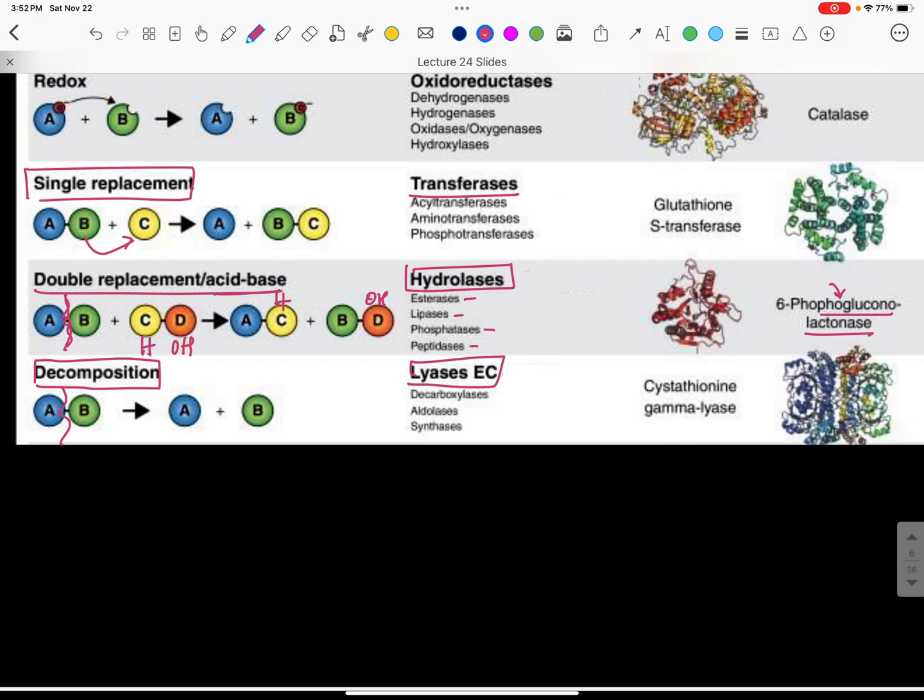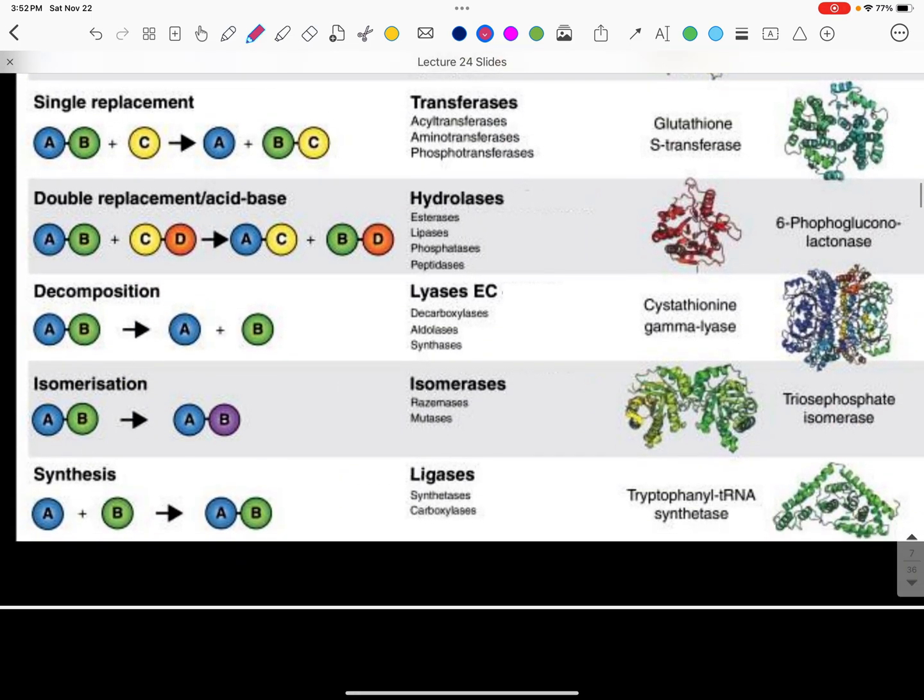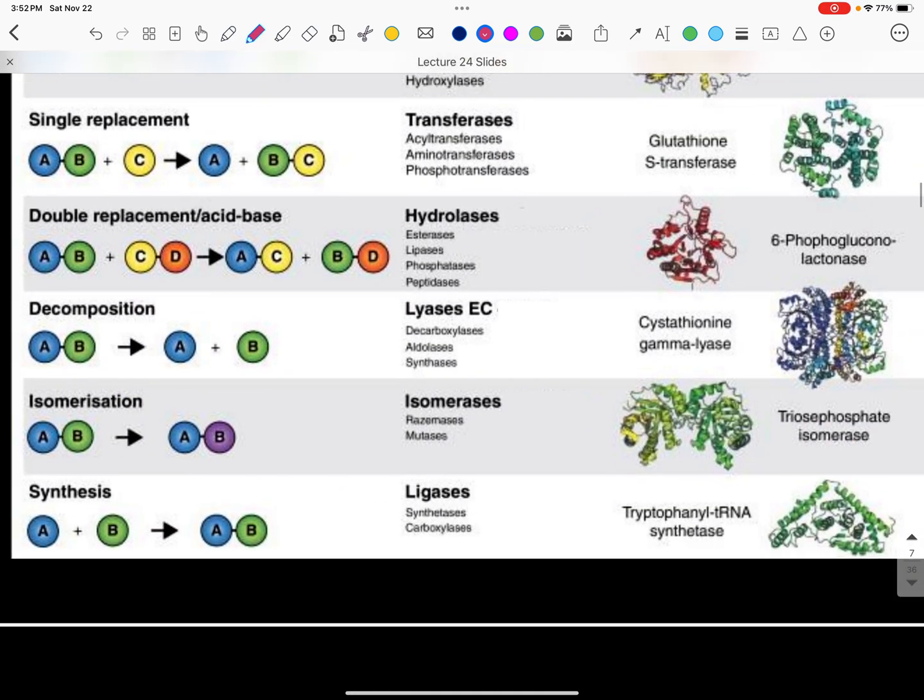The next two types will be isomerases. Isomerases are those that are involved in converting one isomer to another isomer. So we have glucose, for example. Glucose is converted to fructose. Both of them have the same molecular formula, C6H12O6, but one is an aldohexose, the other is a ketohexose.